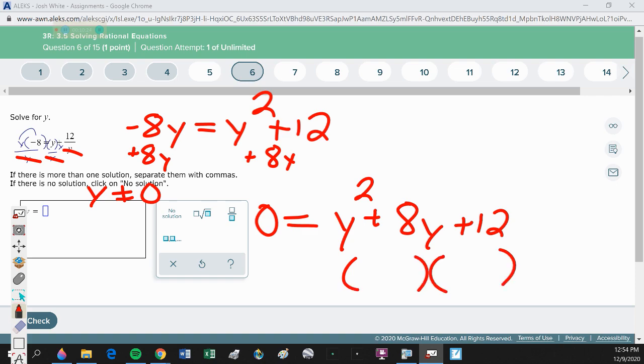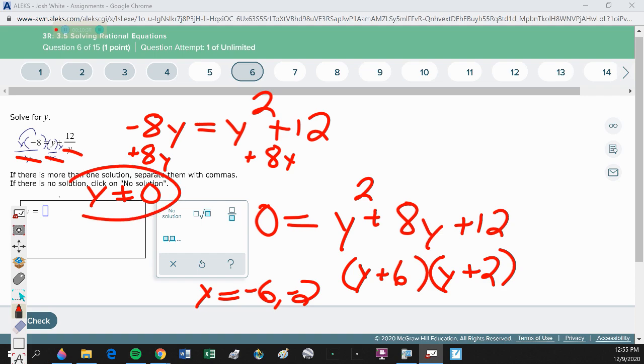Two numbers that multiply to be 12 and add to be 8. 6 and 2. So y is equal to negative 6 and negative 2. Are those numbers okay? Yes, they're not 0. So they both work. And that's it. Get to work.